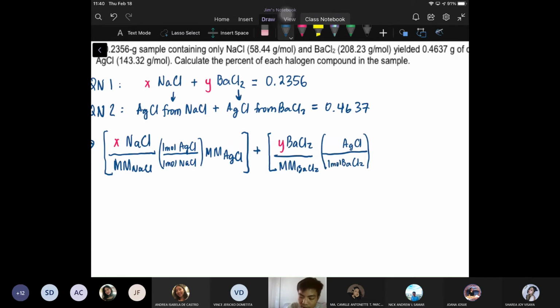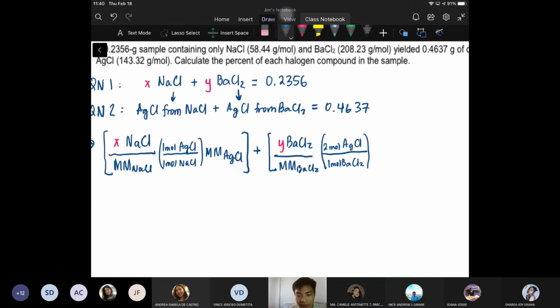Suppose you have 1 mole of barium chloride. How many moles of AgCl can be produced? Any idea? For every mole of barium chloride, how many AgCl can we make? Look at their formula. The answer is 2 moles.